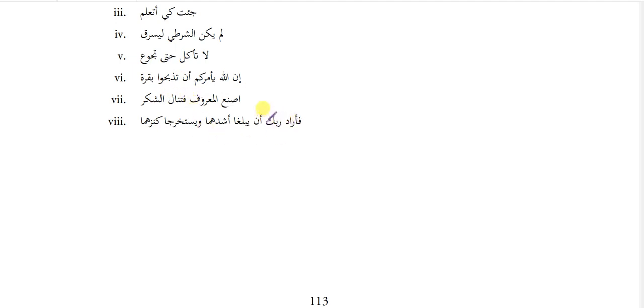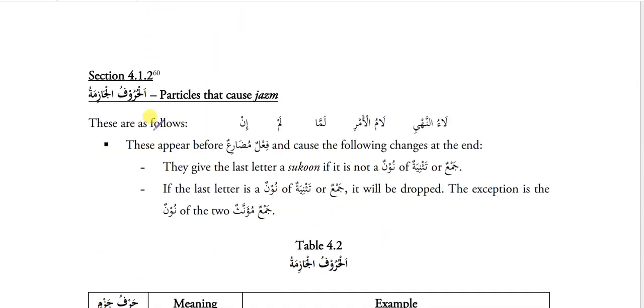Fa arada rabbuka, so your Rabb decided ay yablugha. It was actually yablughani, but an is added, so the noon is removed and it becomes yablugha ashuddahuma, their strength. Wa yastakhrija, and again waw is harf atf, so here an is also hidden. Yastakhrija kanzahuma, so they will dig out their wealth.